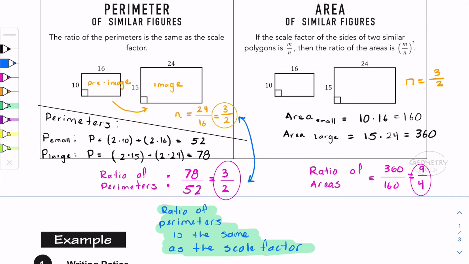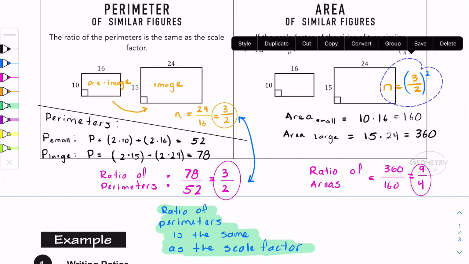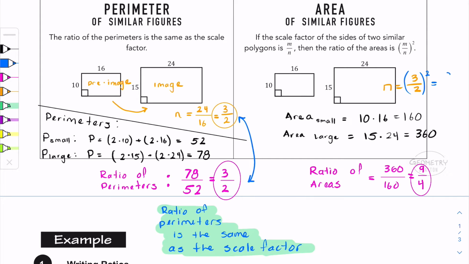Now let's take a look. If we take this scale factor right here and square it, we square the numerator and we square the denominator, that's going to give us 9 over 4, which, as you can see, is the same thing that we just found with the ratio of areas. So the ratio of areas is the same as the scale factor squared.